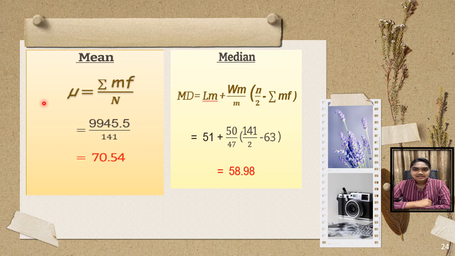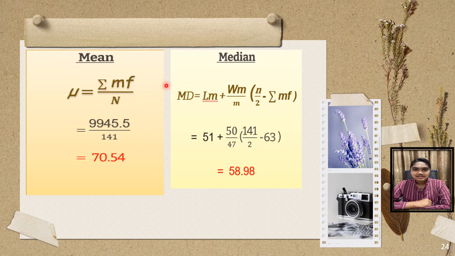We add all the MF values and divide by N, which is 141 responses, and we get 70.54.